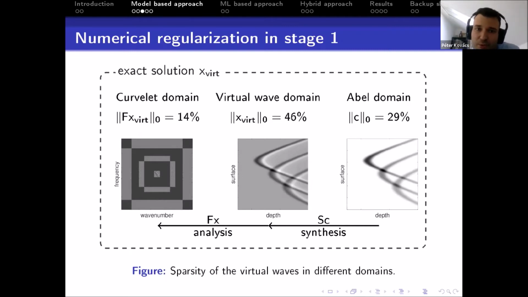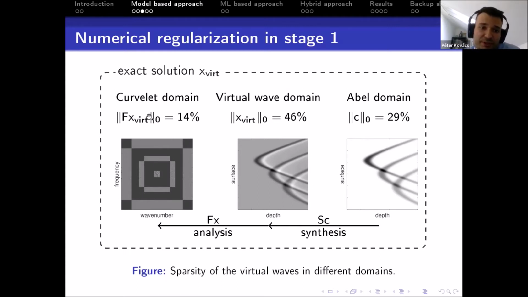So this is why we thought, since the virtual waves obey the acoustic wave equations instead of the heat equations, the curvelet domain could also be suitable for representing the virtual waves in a compact form.